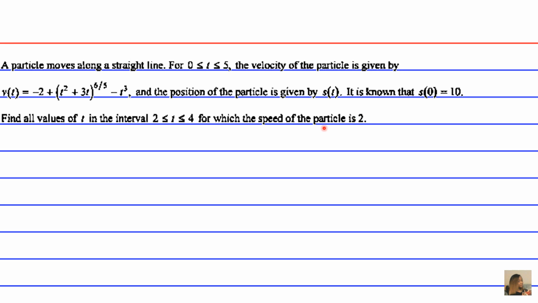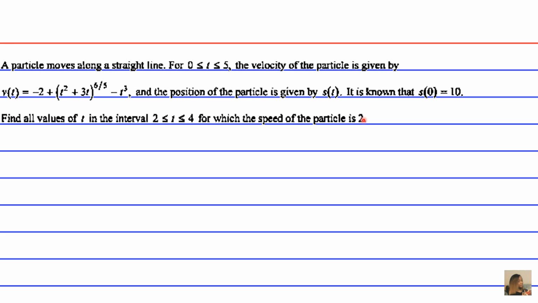But here we're asked for speed. Speed is a scalar, not a vector, so we don't have to consider the direction. That means it could be either -2 or +2, in any direction. We just want to know where the speed is 2, and we don't care about the direction.